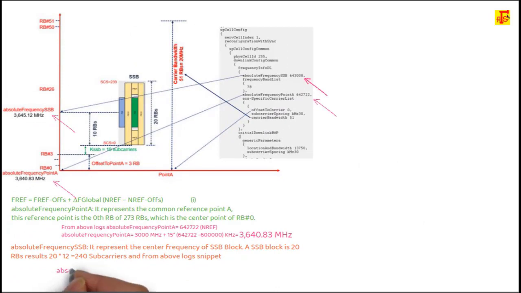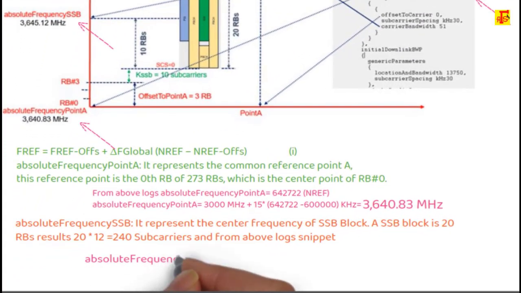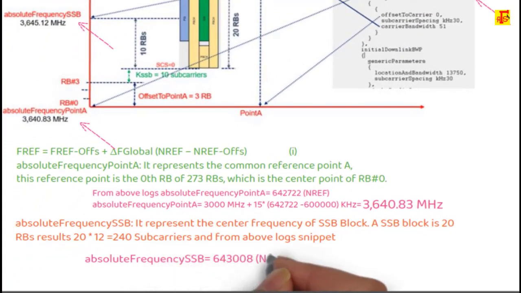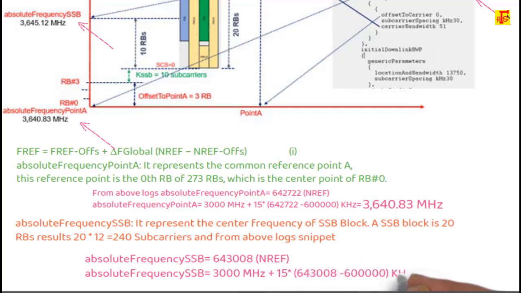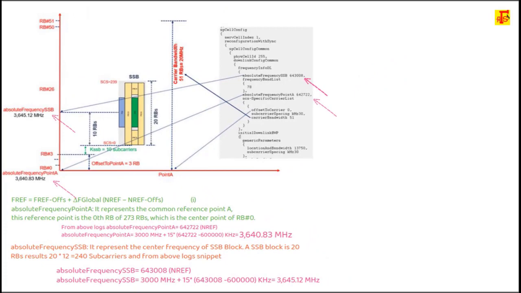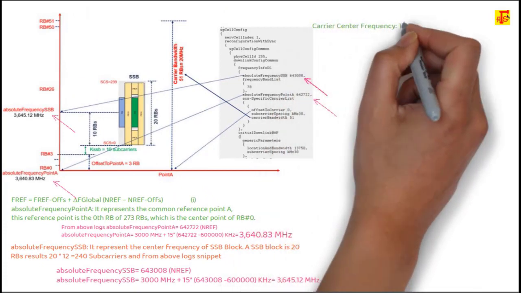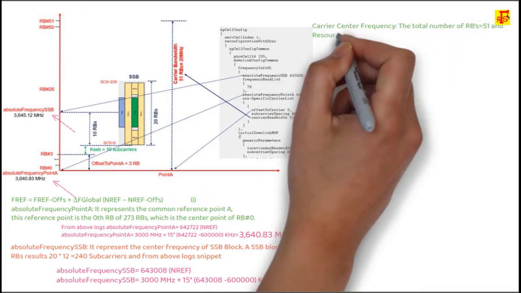NRF. So we will convert in megahertz. So here you can see that absolute frequency Ssb 3000 plus 15 into 643008 minus 600000. So when you calculate it, it will come 3645.12 megahertz, right?